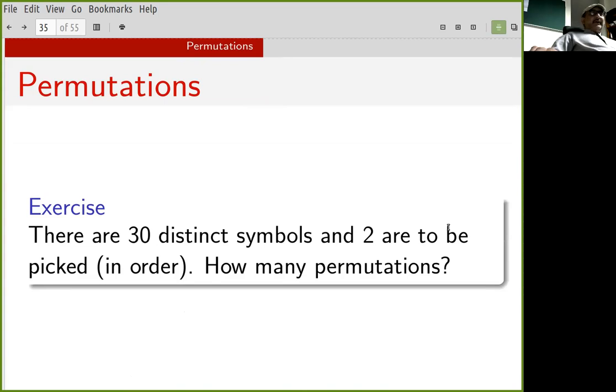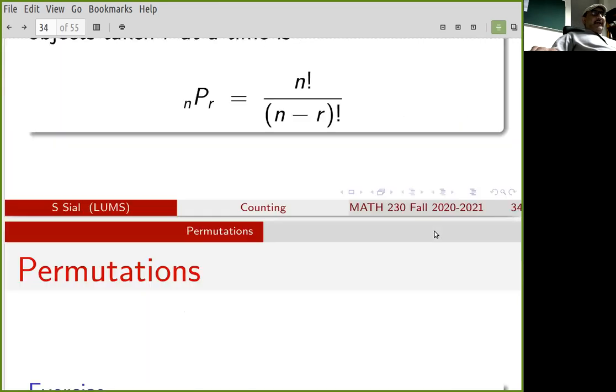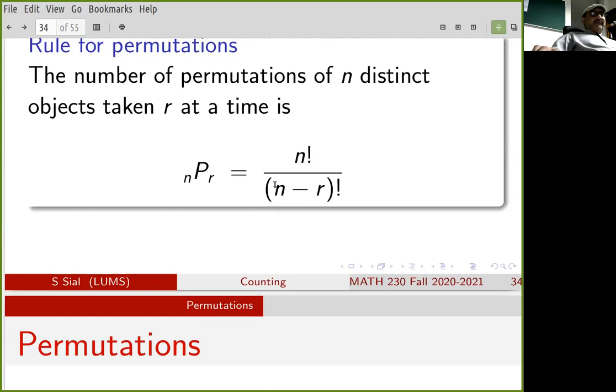The other way of looking at it is to say it's 30 pick 2 in order, and then the rule is 30 factorial divided by (30 minus 2) factorial, which is 28 factorial. And note that 30 factorial divided by 28 factorial is 30 times 29.